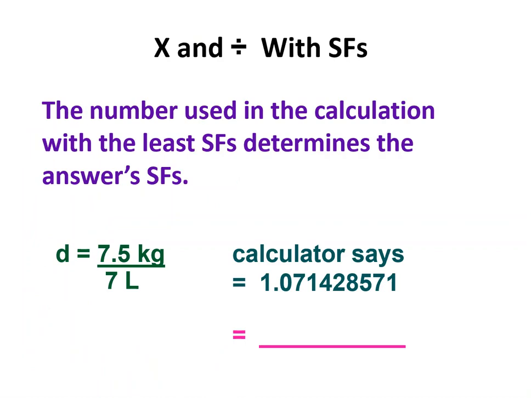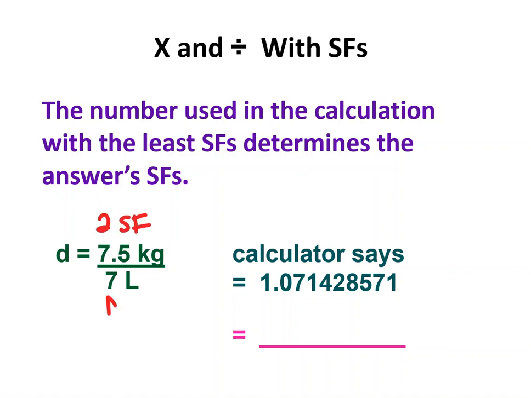Okay, now that we can count sig figs, let's learn the rules for doing calculations. And there's 2 different rules. And if you have a calculation that involves both, you have to do one rule at a time and keep track of your sig figs in between. So the first rule is what we use for multiplication or division. What we do is we look at the numbers that are used and we count how many sig figs they have. This top number has 2 sig figs.